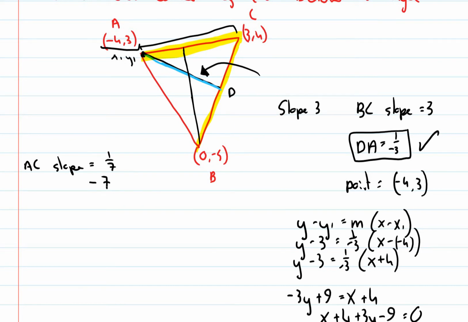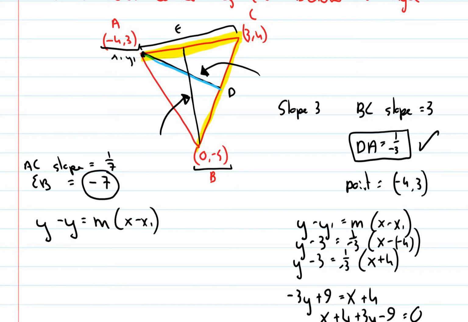And we'll call this EB. I want to find the equation of this line. I have a point, I have its slope, so I should be able to do that. So y minus y1 equals m(x minus x1) to find the equation. And after working it out, because I've done it already, you get 21x plus 3y equals minus 15 for the equation.